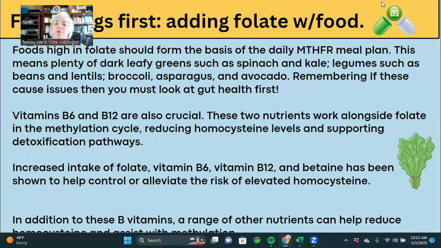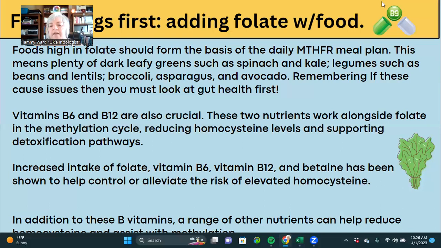Because number one, you're going to have a methylated form of this. So you might want to start doing the frequencies, taking that in first to get the body to recognize it because it's not been able to use or utilize these two nutrients to begin with because of all the other problems going on.